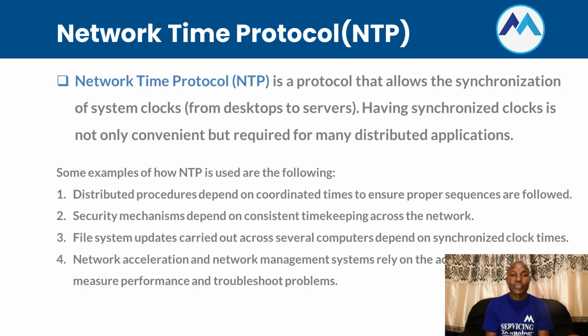Number 3, file system updates carried out across several computers depend on synchronized clock times. Then the last point, network acceleration and network management systems rely on the accuracy of timestamps to measure performance and troubleshoot problems.